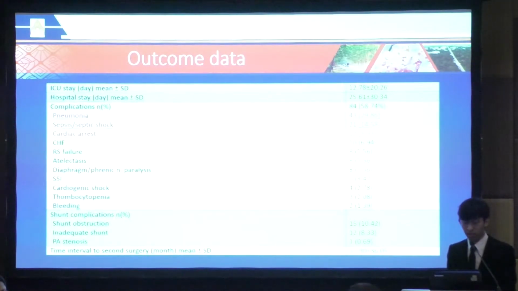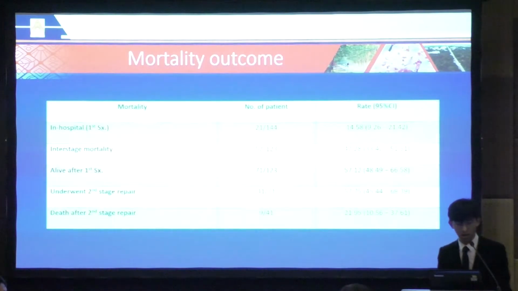Pneumonia occurred in 30% of patients, sepsis and septic shock as a secondary complication in 15%, and cardiac arrest in 8%. Shunt-related complications were shunt obstruction about 10% and inadequate shunt about 8%. The mean time interval to secondary surgery was 57 months.